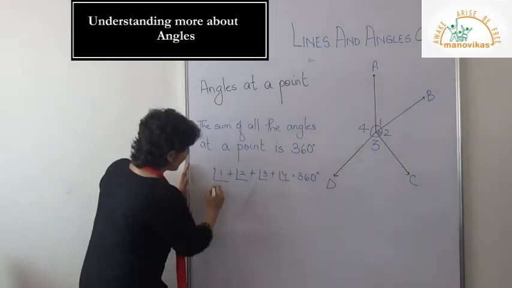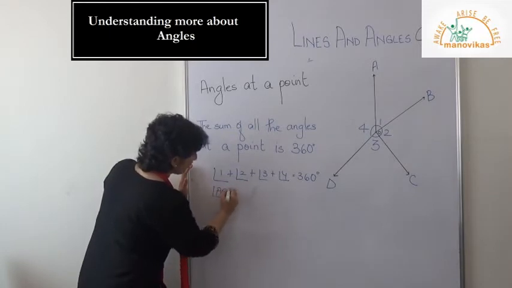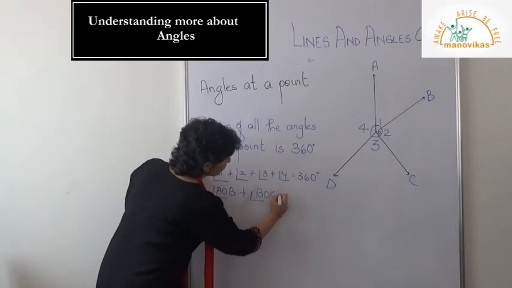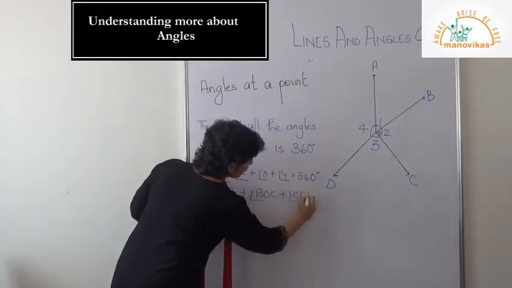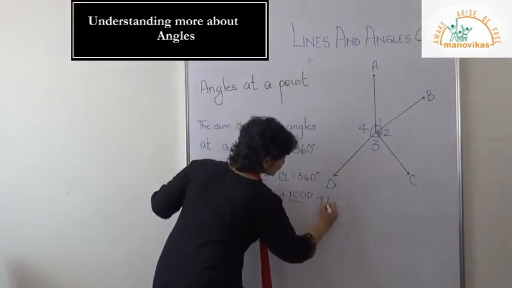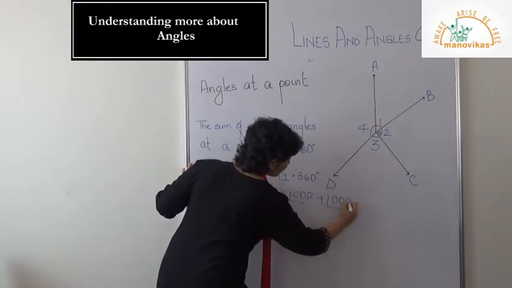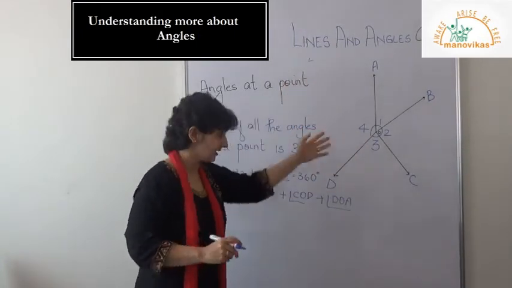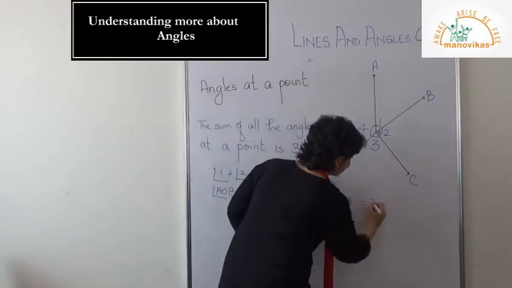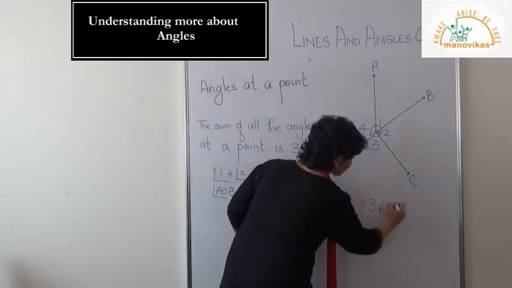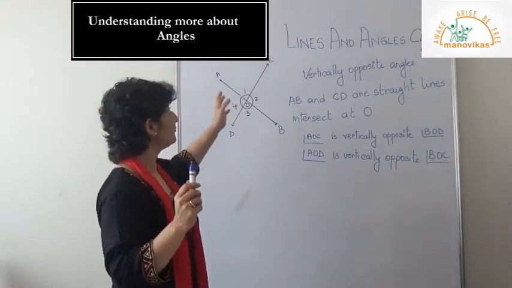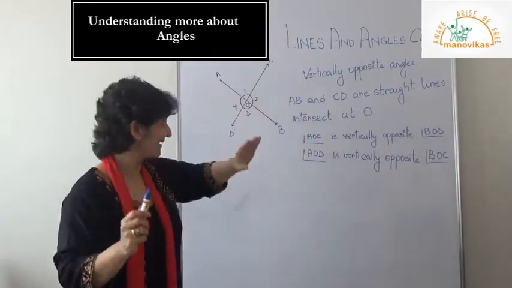It also means angle AOB plus BOC plus COD plus DOA. When I measure all these angles and when I add them, all this is going to be equal to 360 degrees. Clear, children? Understand what is the meaning of vertically opposite angles?